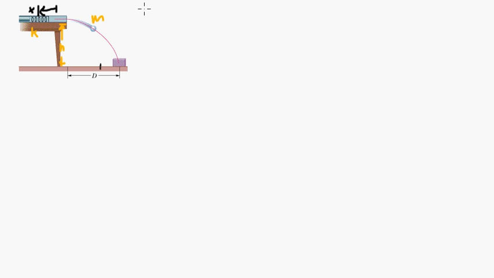So let me draw for you the states of the system I'm going to look at. State 1 is when you're cocked on the table: the spring is cocked from its rest position by a distance X, and the ball is in here.